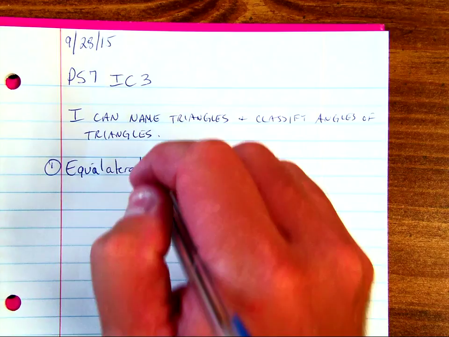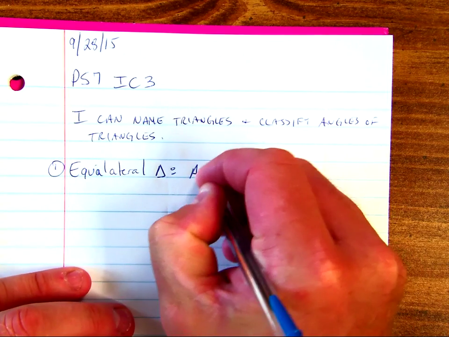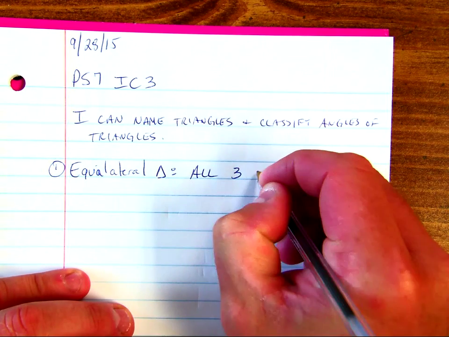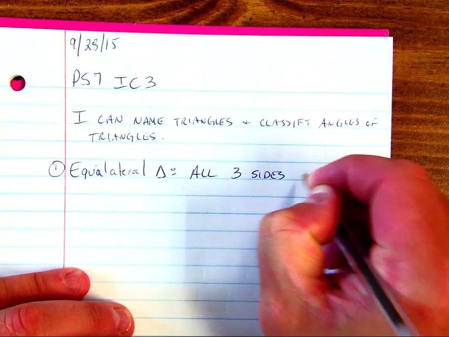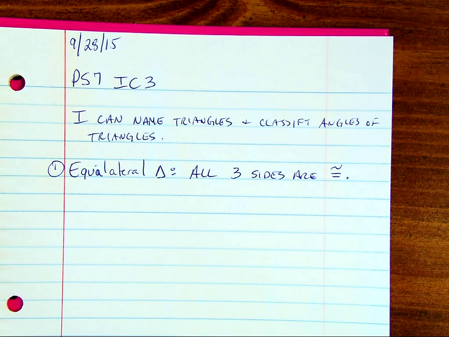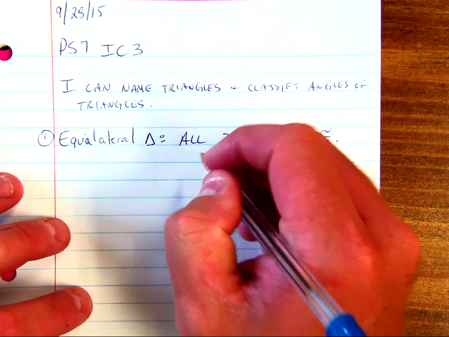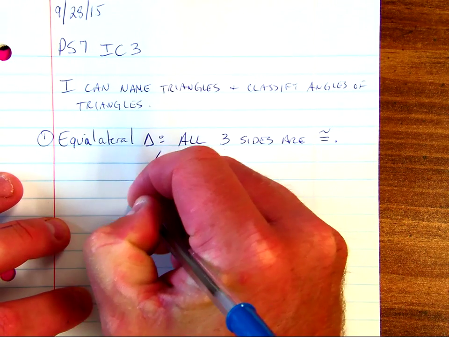Equilateral triangle. All 3 sides are congruent. In other words, all 3 sides have the same measurement. If one side is 3 centimeters, all 3 sides are 3 centimeters. If one side is 6 centimeters, all 3 sides are 6 centimeters. And this is what it would look like.